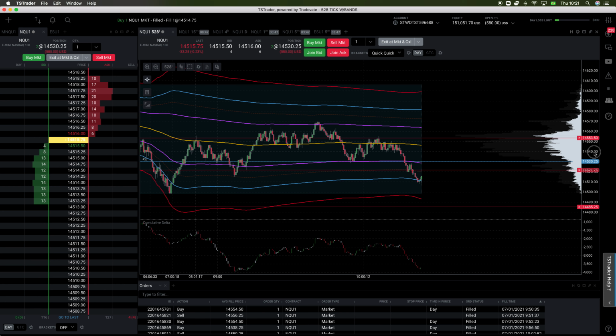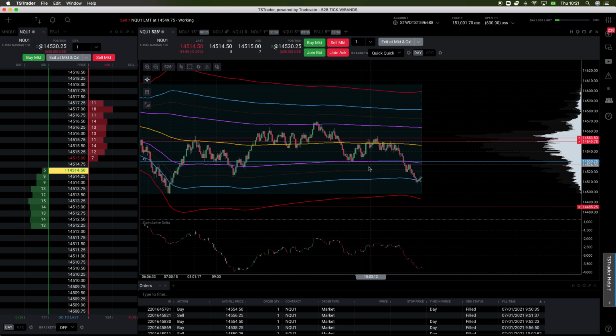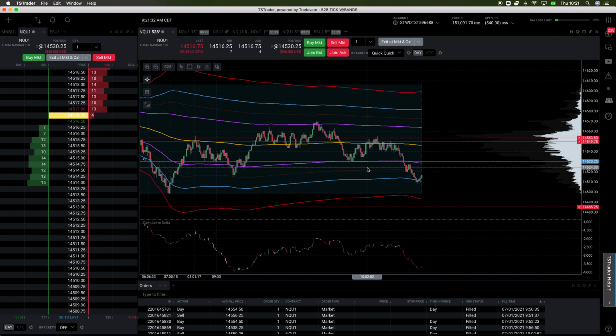Order filled. So yeah, guys, FOMO really is tough, even though I do know how to trade, and I've been trading for quite a little bit now.